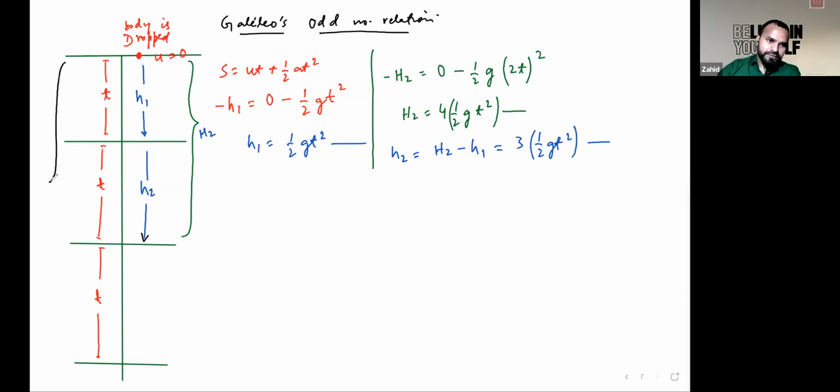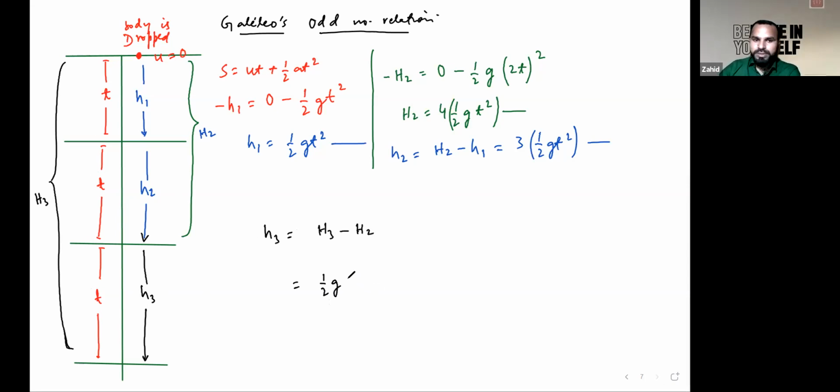Similarly, if you have to calculate this height, let's say h3, you calculate h3 minus h2. You will get half g, and the total time taken from this point to this point would be t plus t plus t, which is 3t.